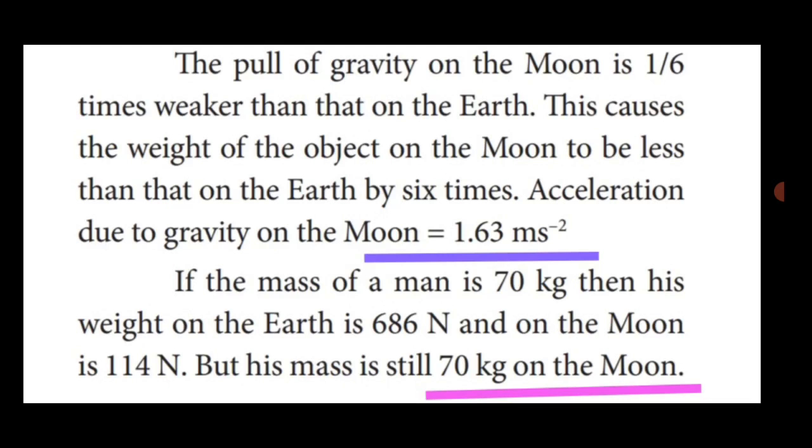If the mass of the man is 70 kilogram, then his weight on the earth is 686 Newton, and on the moon is 114 Newton. But his mass is still 70 kilogram on the moon.